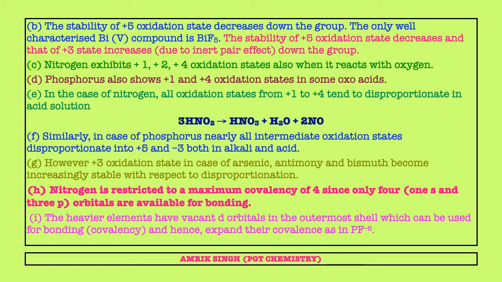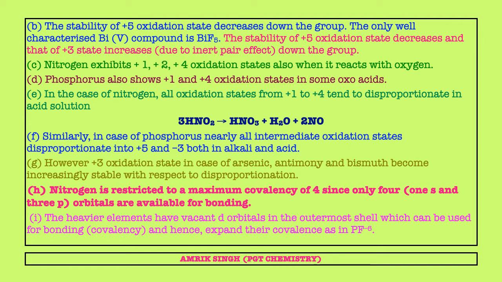Nitrogen exhibits +1, +2, +4 oxidation states also when it reacts with oxygen. Phosphorus also shows +1, +4 oxidation state in some oxoacids. In the case of nitrogen, all oxidation states from +1 to +4 tend to disproportionate in acid solution: 3HNO2 changes into HNO3 plus H2O plus 2NO.